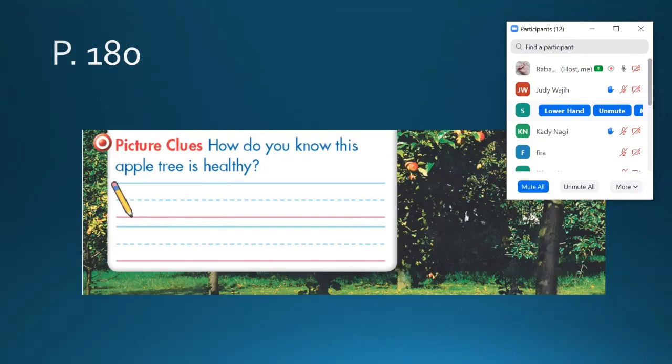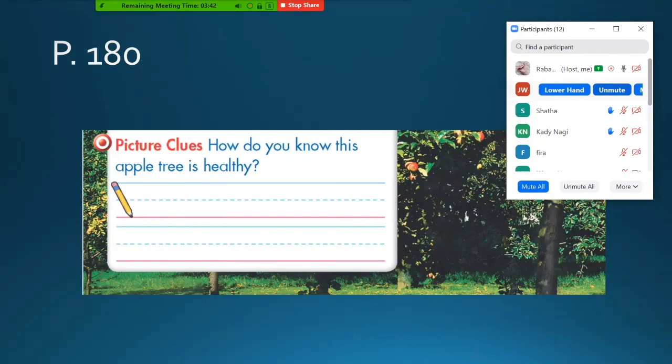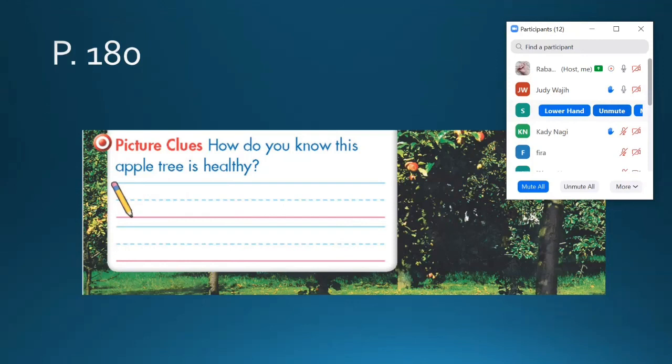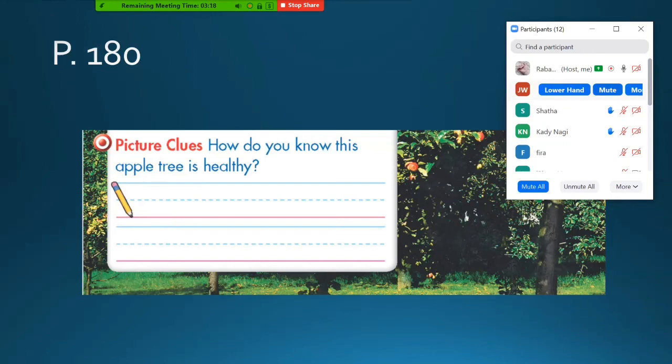What else? Not only by the color. Judy, would you please complete how you know that the apple tree is healthy? Only from the fruits, or what else can you look for? Okay, check your mic, please. Farah?